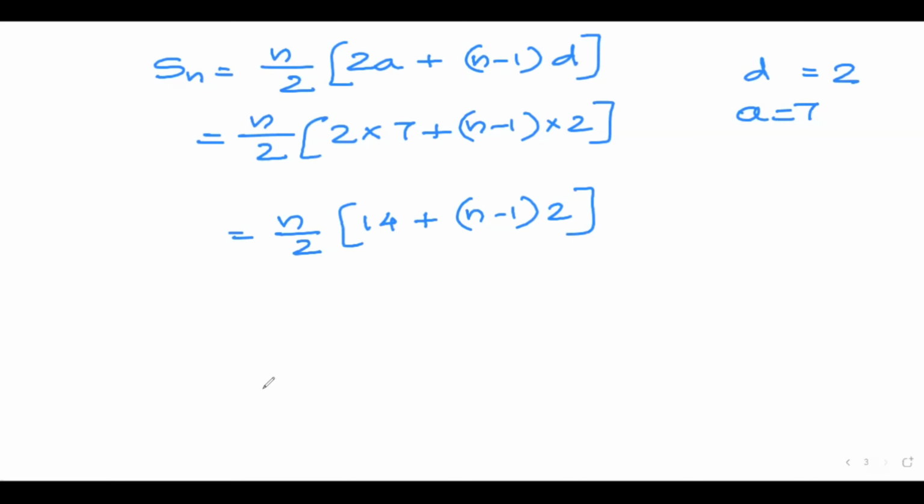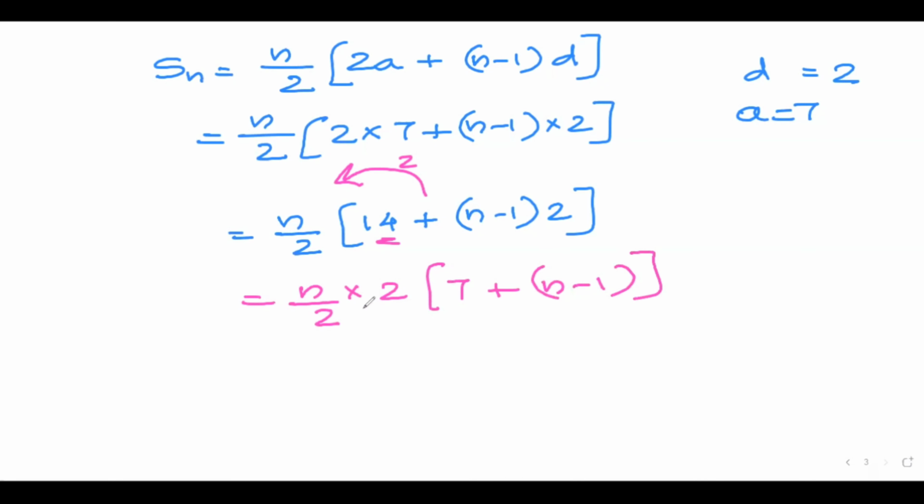See, here we have a 2 in the denominator, right? And inside the bracket, we have a 2 here. This is a multiple of 2. And here also we have a 2. So we can take 2 outside from the bracket. So it will become 7 plus n minus 1.